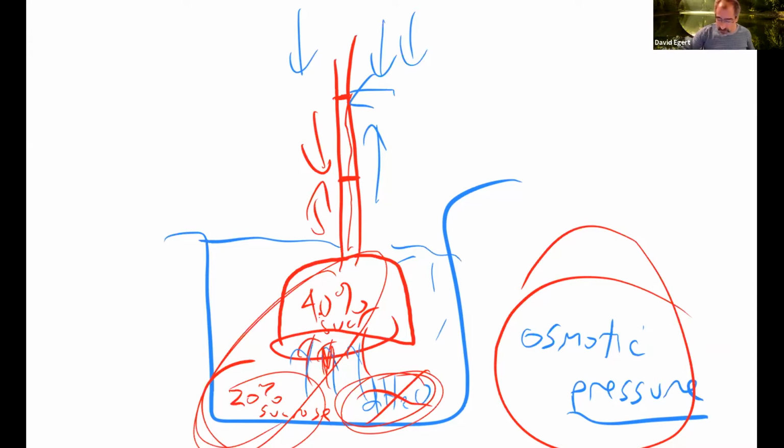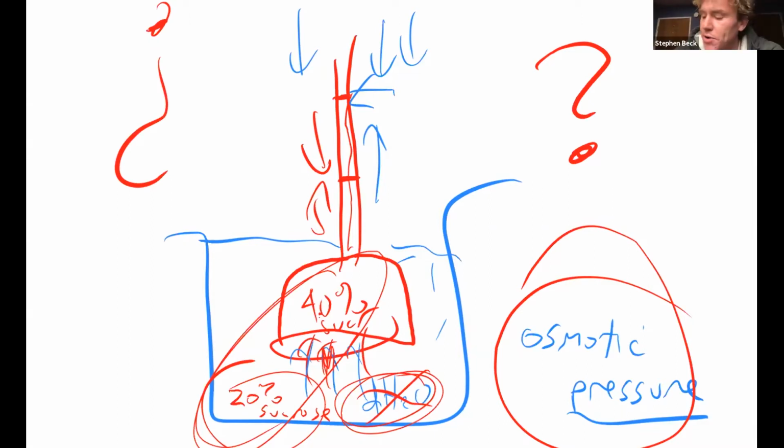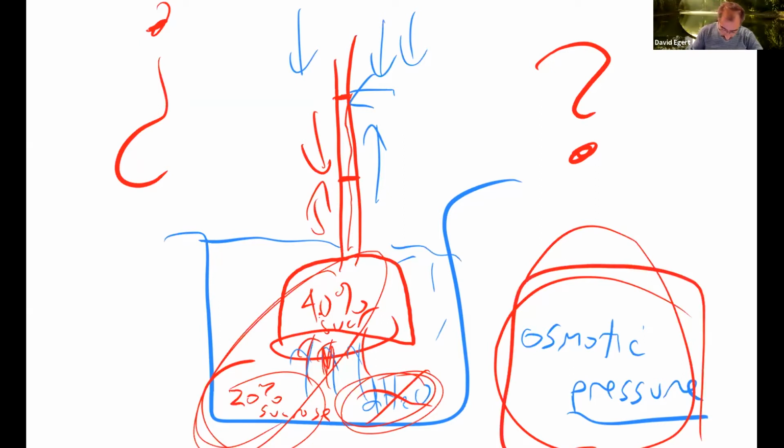So are there any questions about this? Does it make sense? What's osmotic pressure again? This is the pressure that you can quantify by saying what force you need to push down to stop the water from coming in.